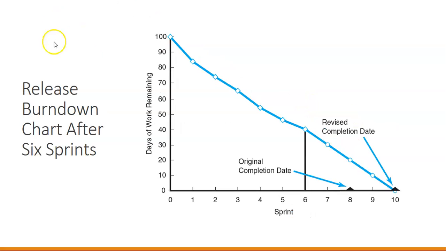And then this is a release burn down chart after 6 sprints. So we have the days of work remaining, our original completion date, and then a revised completion date. So we see that we're actually going 2 sprints past the original completion date.